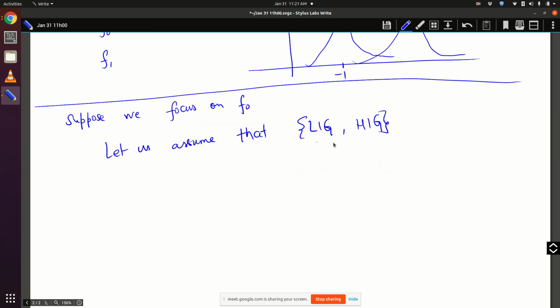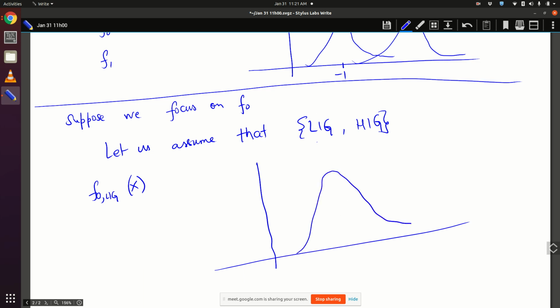Depending upon whether somebody is in the low income group or the high income group, if I look at F0 comma low income group of X, this may not necessarily be normal with mean minus 1, but it could be something like normal with mean 0.